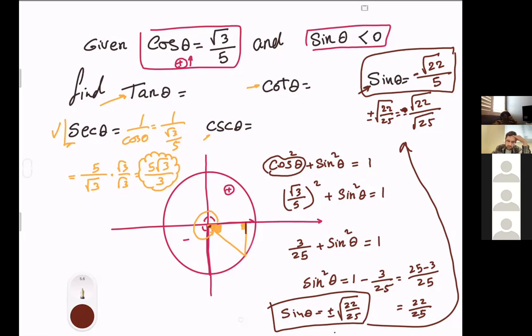When you make a right triangle here, we have cosine of theta. Cosine of theta is adjacent over hypotenuse, correct? So adjacent will be radical 3 and hypotenuse will be 5. If this is theta, cosine of theta is radical 3 over 5. You use the Pythagorean theorem to solve for the y here.